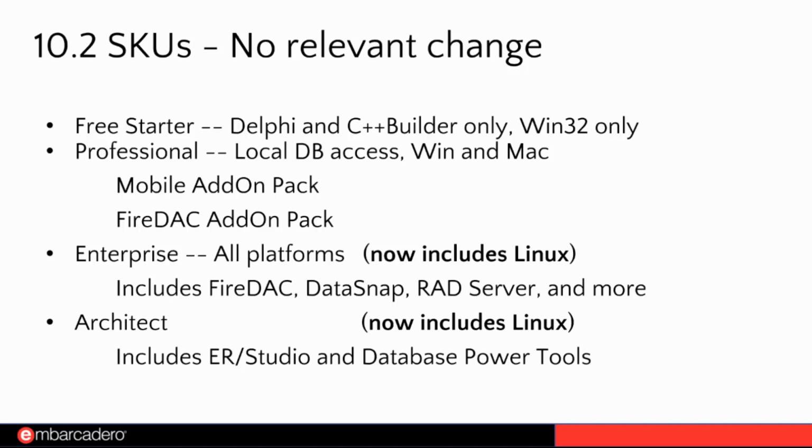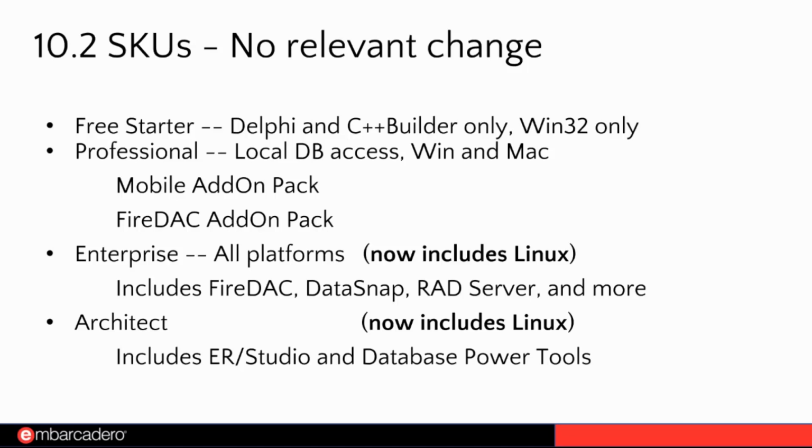When it comes to enterprise development, having the mobile add-on and the FireDAC add-on packs included within the product is one of the major reasons people go for Enterprise nowadays. But also there are the great modern middle tier development technologies for DataSnap and RAD Server Developer Edition, which are well worth having a look at.